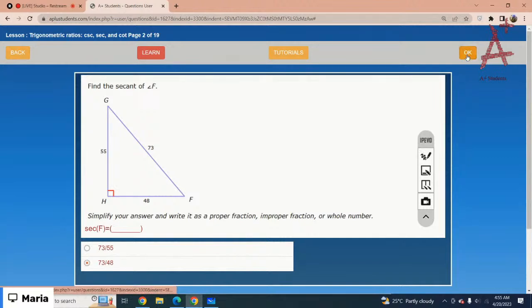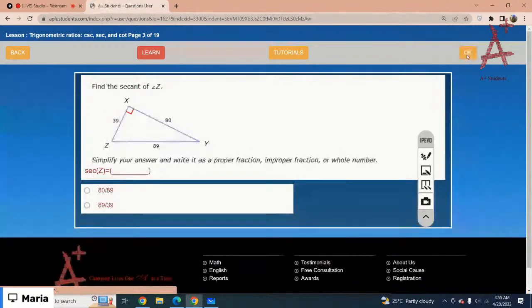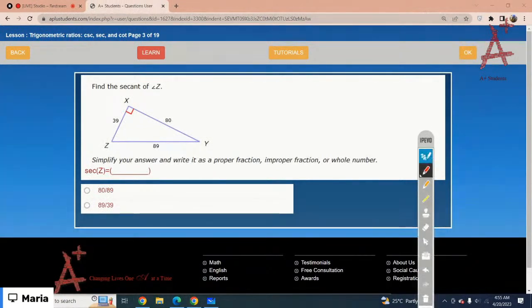Okay, the next one is, actually I'm a bit confused between them. I take the reciprocal of cos, sine and tan. That's why it is taking a bit long. Got it? So secant z is the reciprocal of cos z. So cos z would be hypotenuse divided by the adjacent.